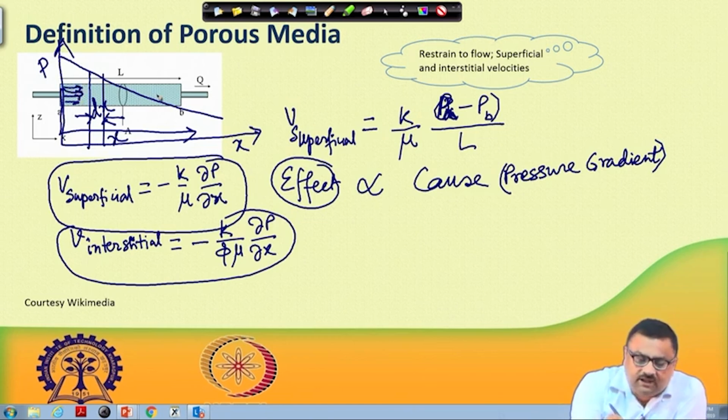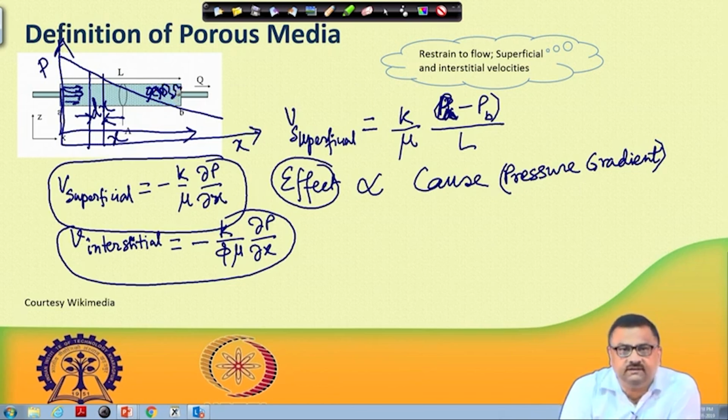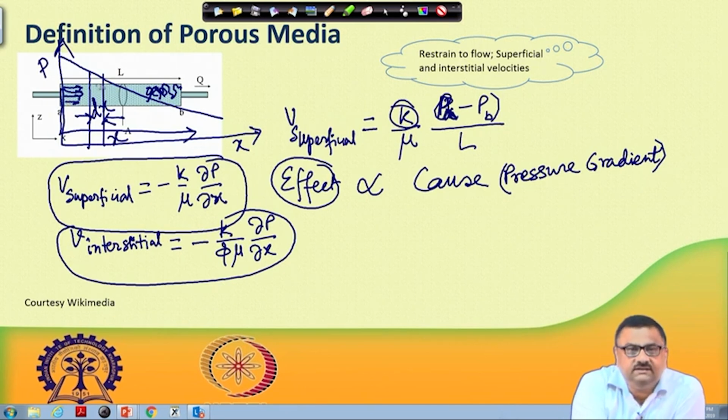But if you have a porous medium with these grains, how does the flow take place? It is taking a turn here, then a turn there, and going round and round, right. So, what we are assuming is that as if I have a continuum existing, my flow is being restrained, but that restraint is all taken care of by this permeability term K. That will take care of how much the pressure drop would be, etc., but I will assume that a continuum exists and the velocity is uniform, the actual velocity is like this.